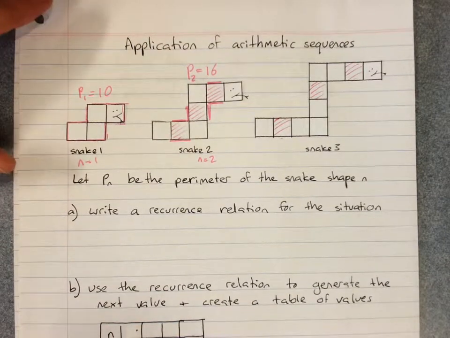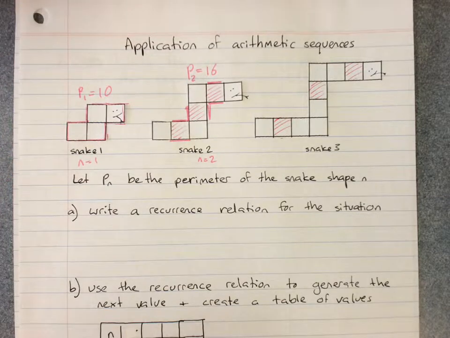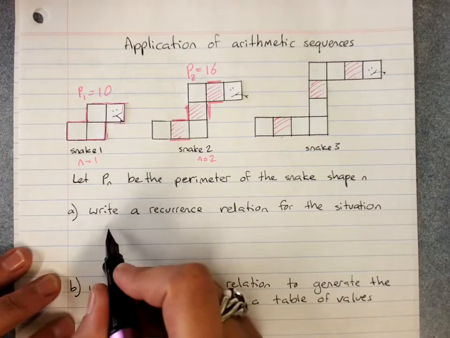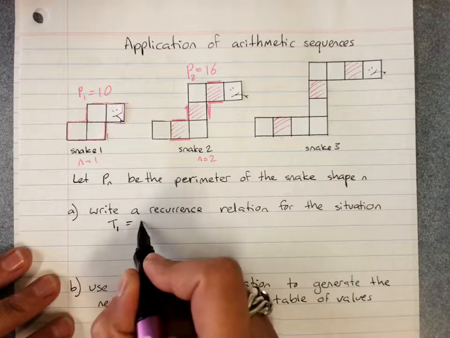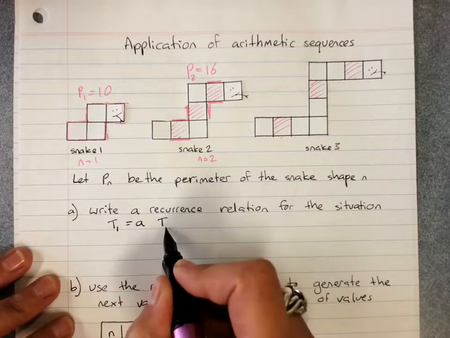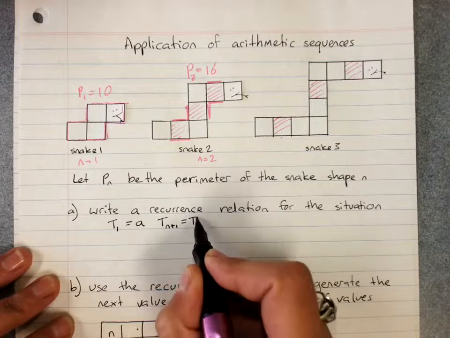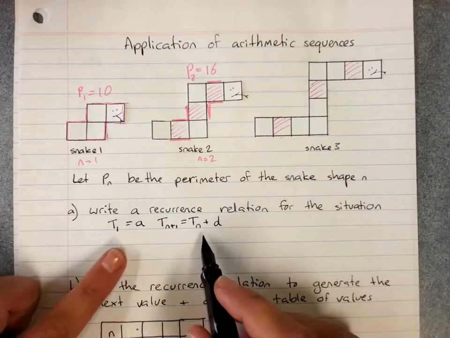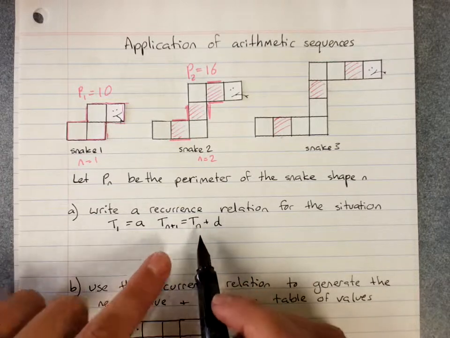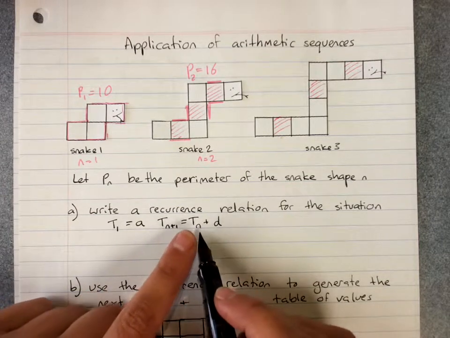Since it asks for the recurrence relationship, then we'll have to start with our recurrence relationship form. T1 is A, Tn plus 1 is Tn plus D. So this is the general form of the recurrence relationship, where it's how do we get to the next term from the term before it.